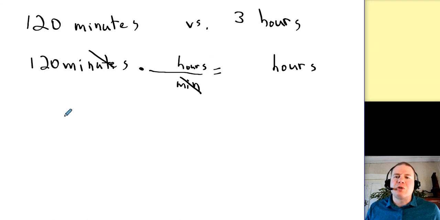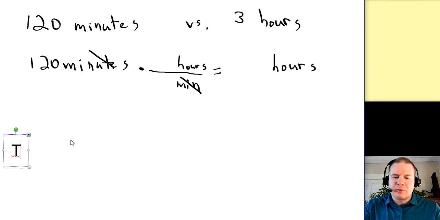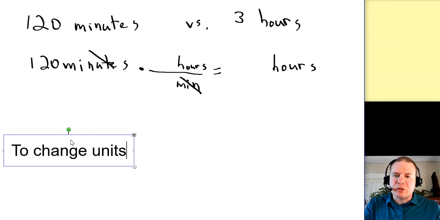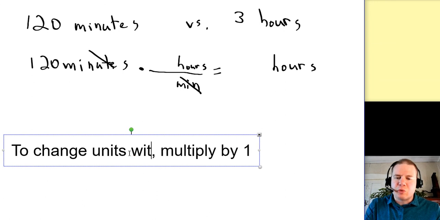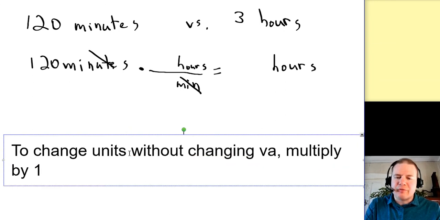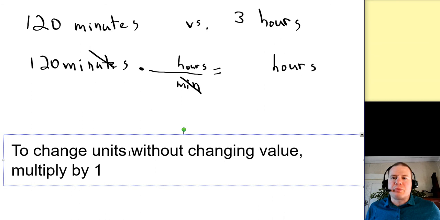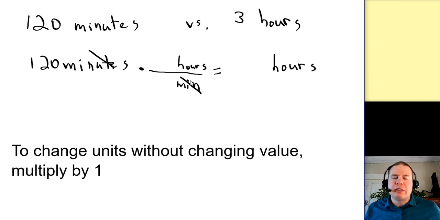Right? So to change units, let's write this down here. To change units, multiply by 1. Technically, to change units without changing value, multiply by 1. Right? If all we're doing is changing the units, that's different from the examples I gave earlier about distance equals rate times time, or force equals mass times acceleration.